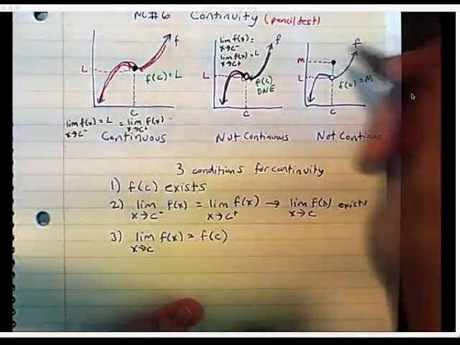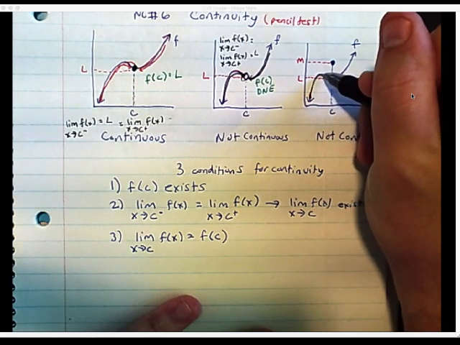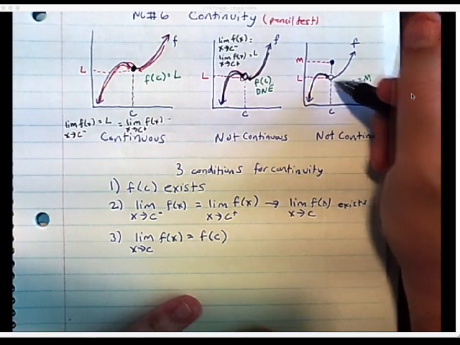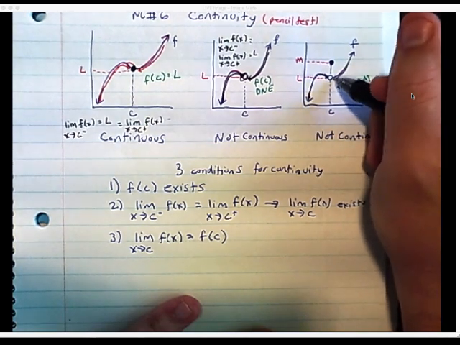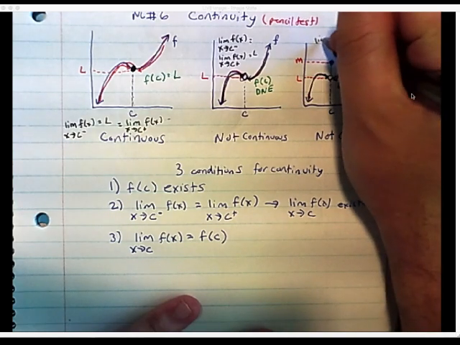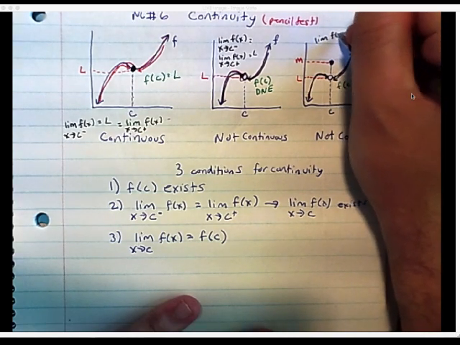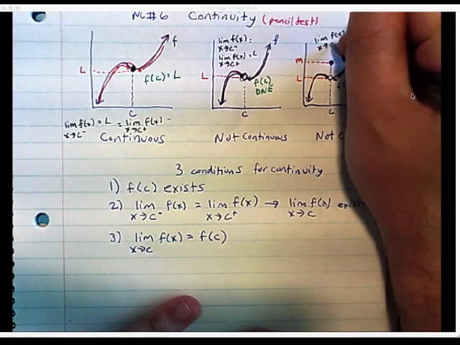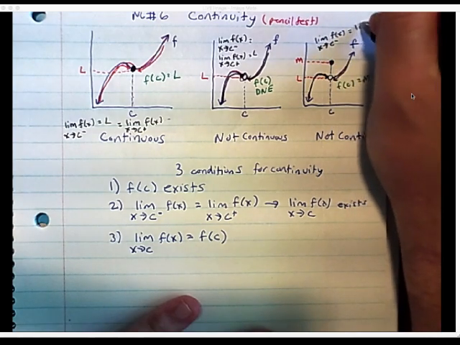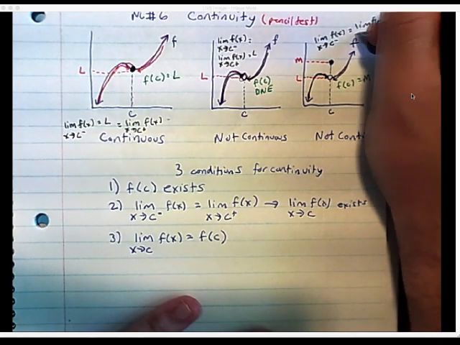And also in this last graph, as I get closer and closer to C, but before I hit C, I'm also approaching a value of L. That equals the same thing as when I approach from the right.